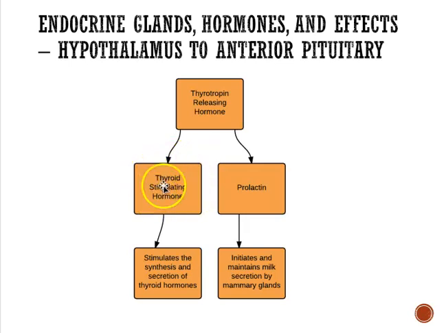Thyroid stimulating hormone stimulates the synthesis and secretion of thyroid hormones, and we'll talk a little bit more about them in a minute. Prolactin initiates and maintains milk secretion by mammary glands. So again, this releasing hormone from the hypothalamus can go on to stimulate either thyroid stimulating hormone or prolactin, which each have a slightly different effect.